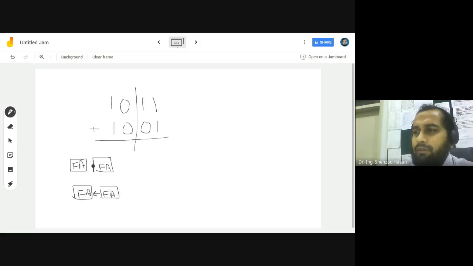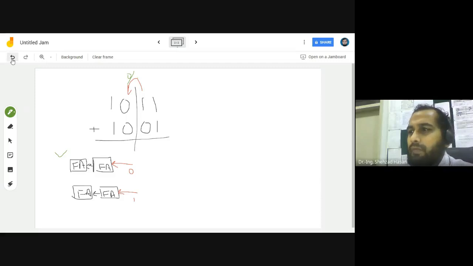Now these two are connected, but this input over here, one of them is going to get a 0, the other one is going to get a 1, because these are the only two options that can come from this side, either a 0 or a 1. So if it's a 0, then this answer is correct. If it's a 1, then this answer is correct. So we are going to pre-compute with both of them.